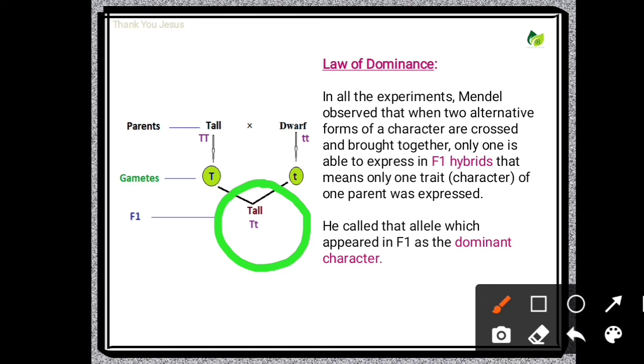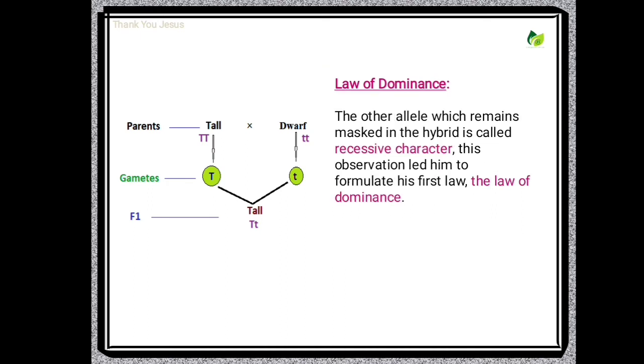So, Mendel called that allele which appeared in the F1 generation the dominant character. The other allele which remains masked in the hybrid is called recessive character. This observation led him to formulate his first law, the law of dominance.